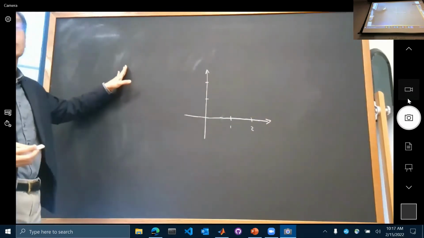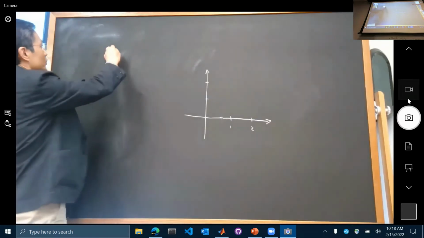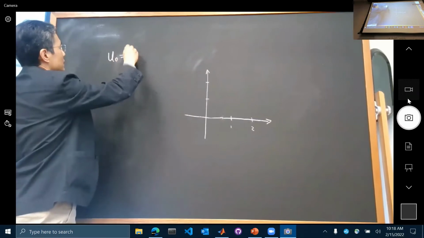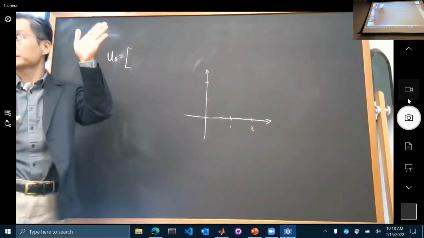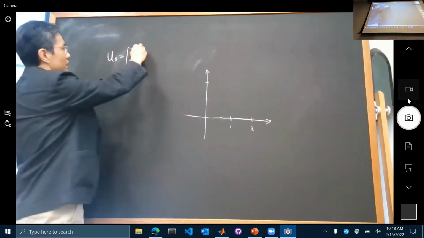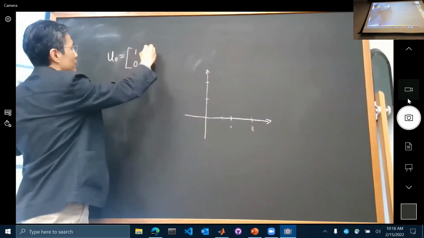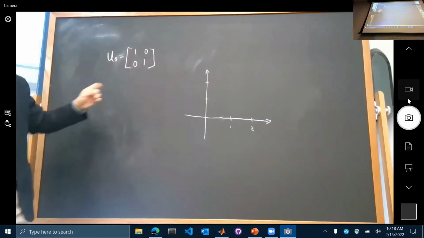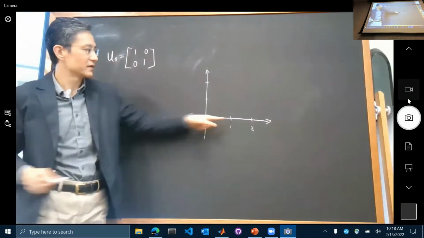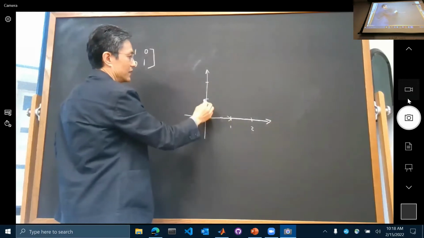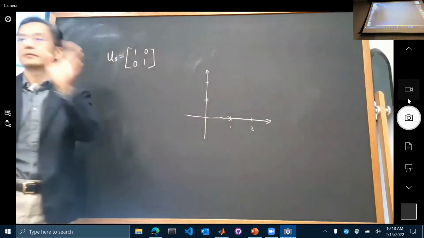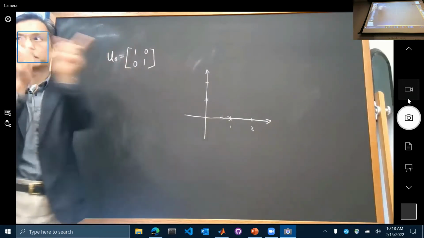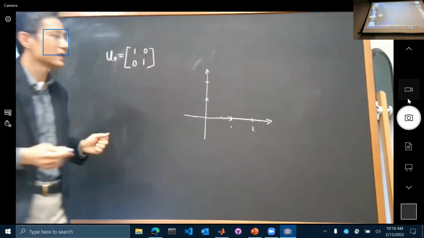My first coordinate system, I will use mu0 to define it. The first vector is (1, 0), the second one is (0, 1). So (1, 0) is here, and (0, 1) is here. I'm talking about two dimensions, and I'm using these two vectors to define my coordinate system.